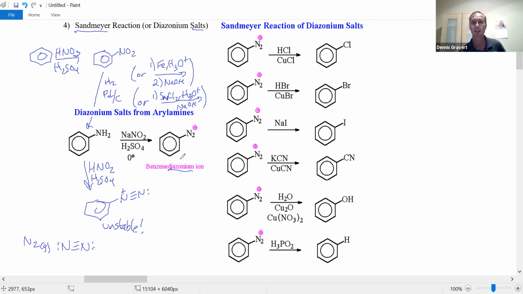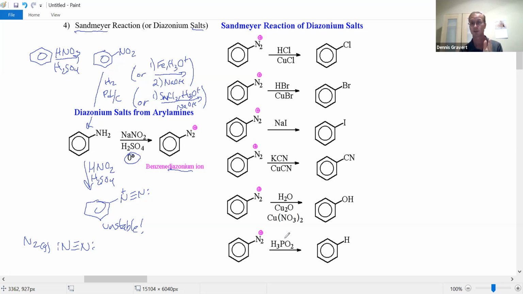This is very unstable. So you don't have to write it on the exam, but it's important to keep this on ice or colder so it doesn't immediately just decompose on its own. I tell you this because when you're doing synthesis, when you're stringing together your own series of reactions, as soon as you make the diazonium salt, you must pick one of these 6 reactions.